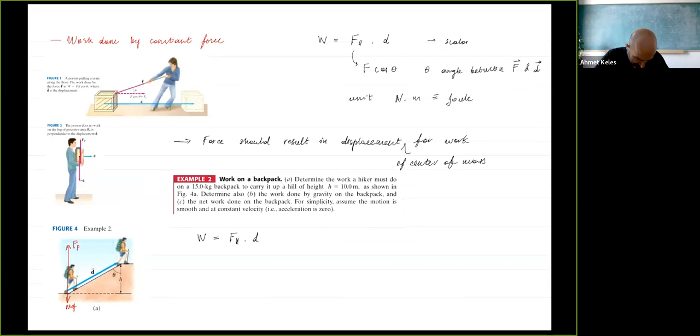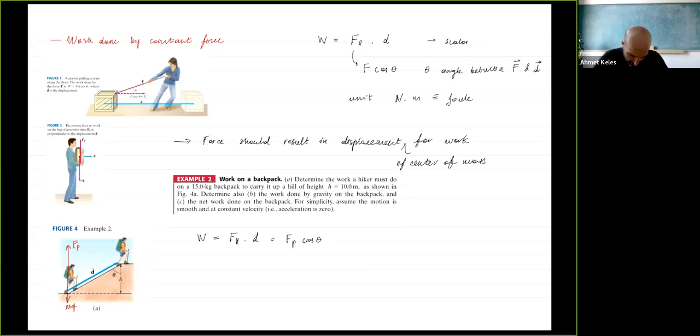The displacement is along this direction, the force is along this direction, so I need to project this force along this direction. So I need this angle, theta. This is going to be equal to FP cosine theta times displacement.